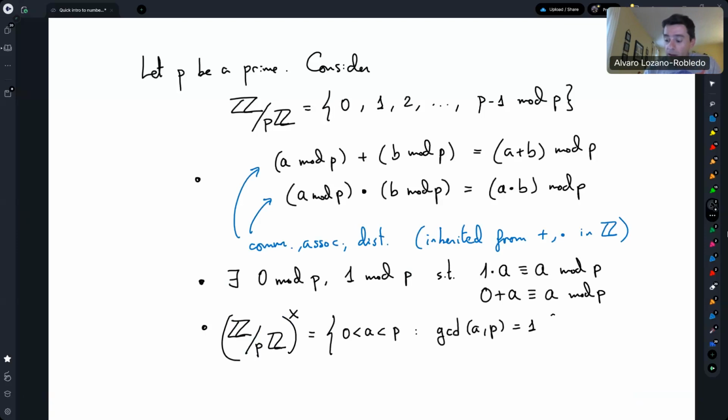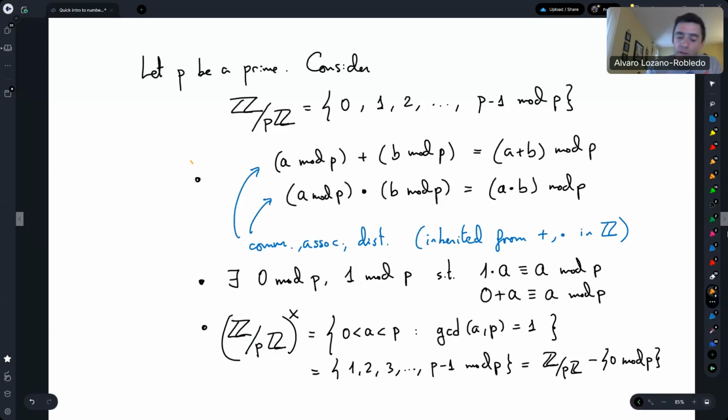But in this case, since P is prime, any number below P has no common factors with P. So it is every number 1, 2, 3, up to P minus 1 mod P, which is, in fact, all of Z mod PZ except the 0.